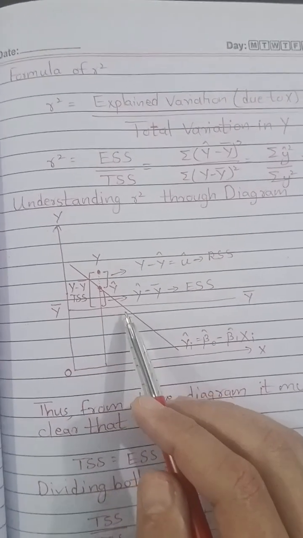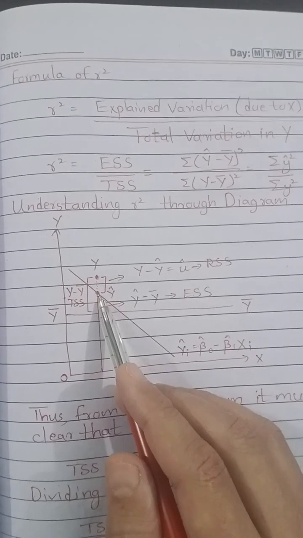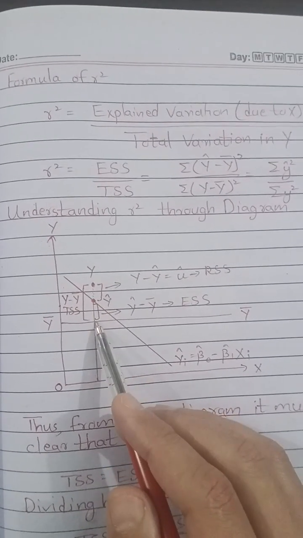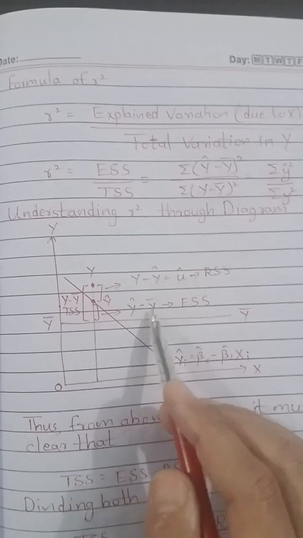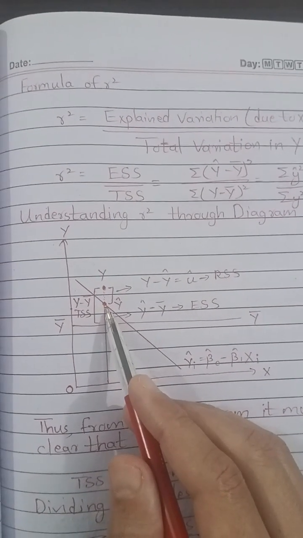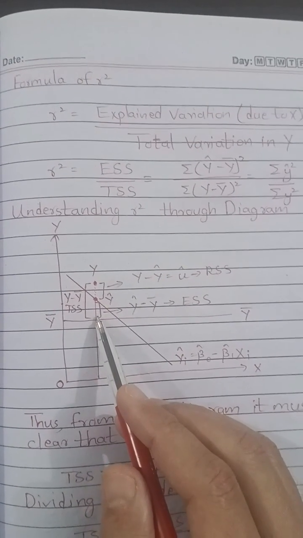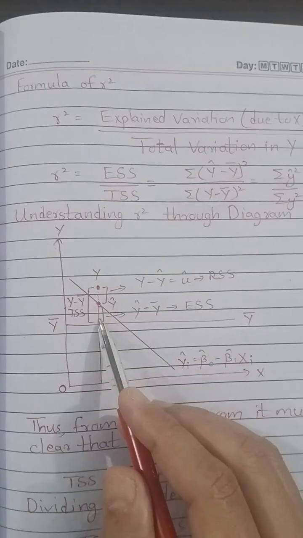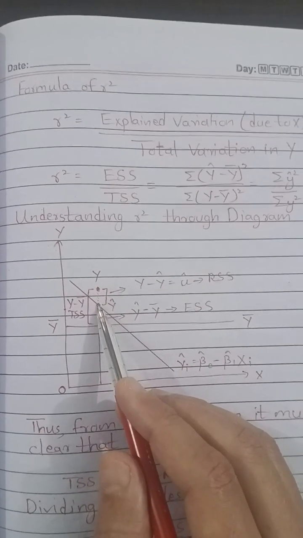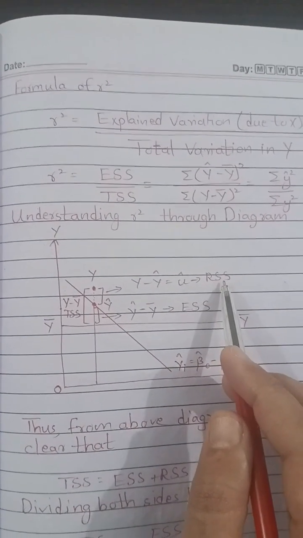Next, this is y hat. The difference between y hat and y bar is known as explained sum of square. This variation is explained by our model, but this variation y minus y hat is unexplained. This is known as residual sum of square.